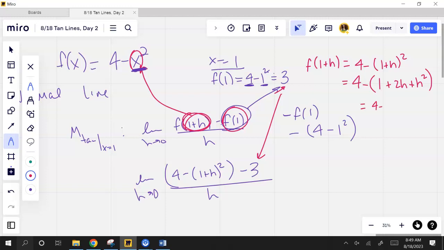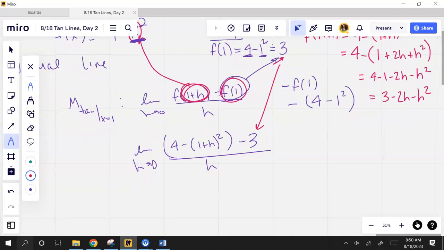So it's 4 minus 1 minus 2h minus h squared, which is 3 minus 2h minus h squared. It's that negative distributing. It's always something silly like that.